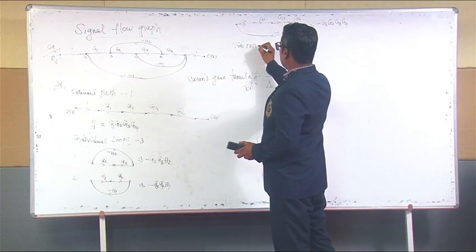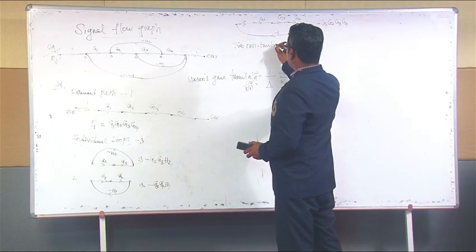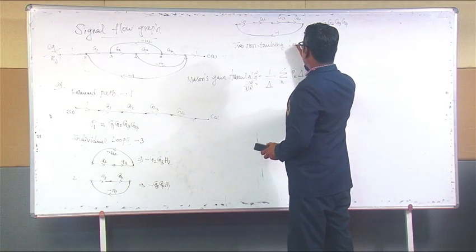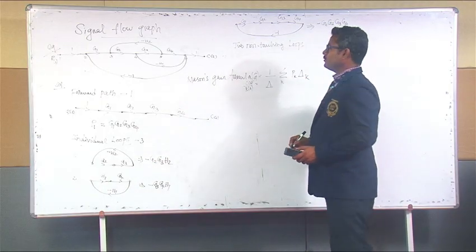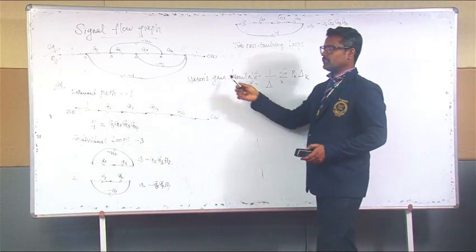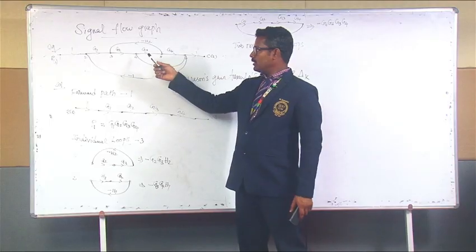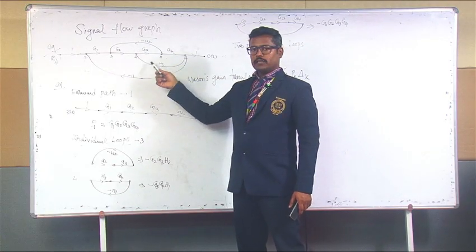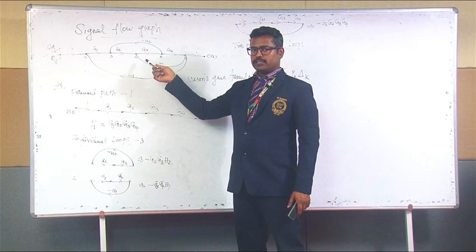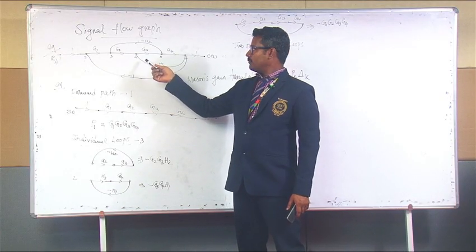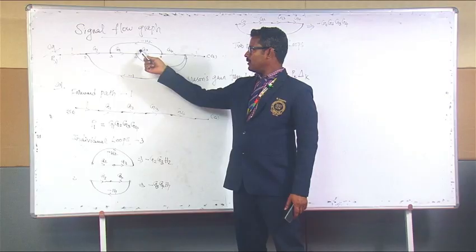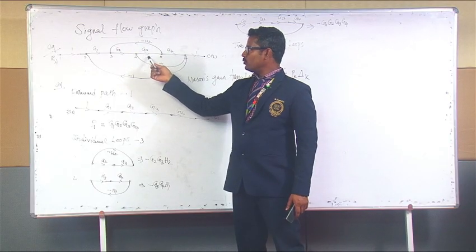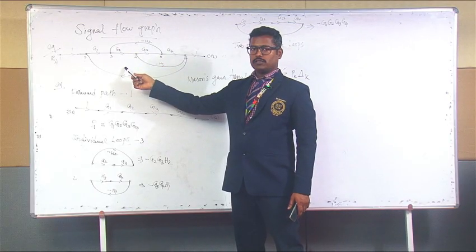So how many two non-touching loops are present in this signal flow graph? This is the first loop, this is the second loop and this is the third loop. We can consider them in any order, but this loop is merged with this one, and these two loops are merged with the third loop.